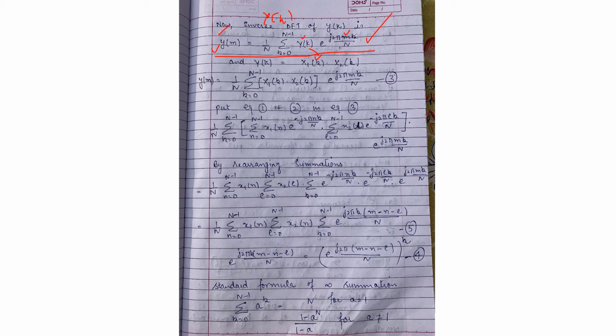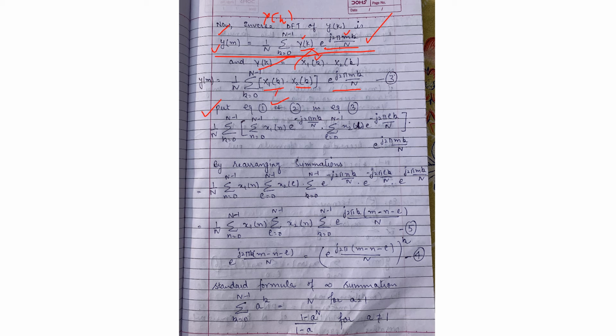So y of m equals 1 by N summation, where Y of k is replaced by X1 of k into X2 of k, e raised to power j 2 pi m k upon N. Now put the formulas of X1 of k and X2 of k that were written in equations 1 and 2.